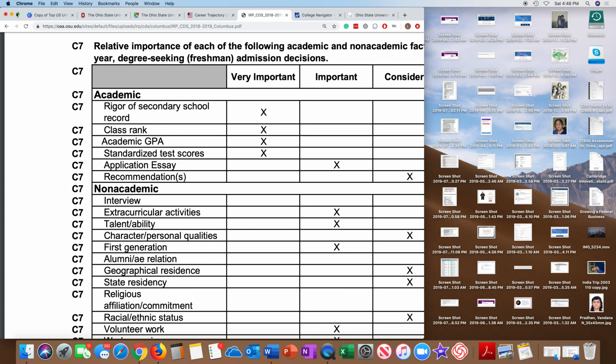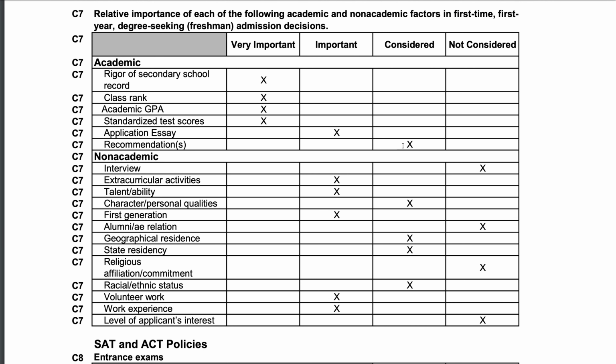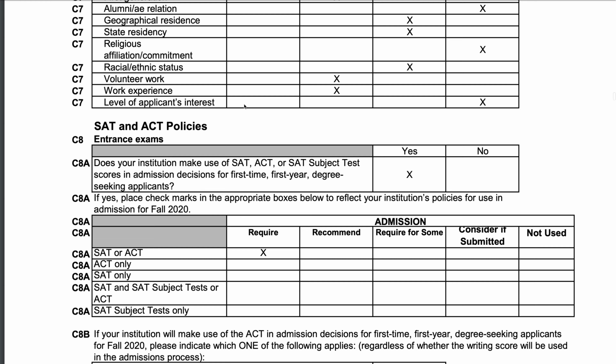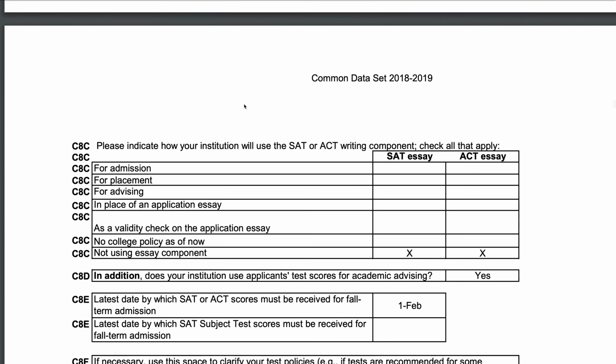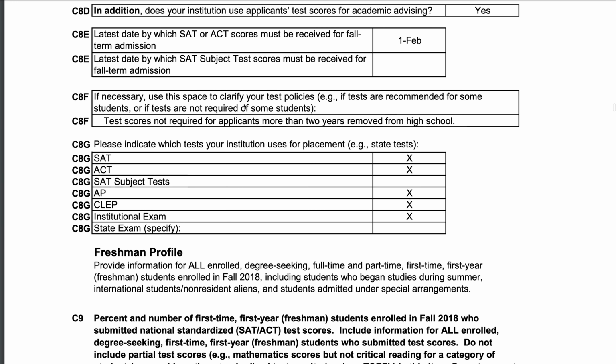So again, going back to our topic, understand what are the very important criteria, make sure that you match with what you are doing, and then select a college. Now, the other thing that I wanted to mention is, I said we're going to talk about what kind of standardization test scores these universities are asking.